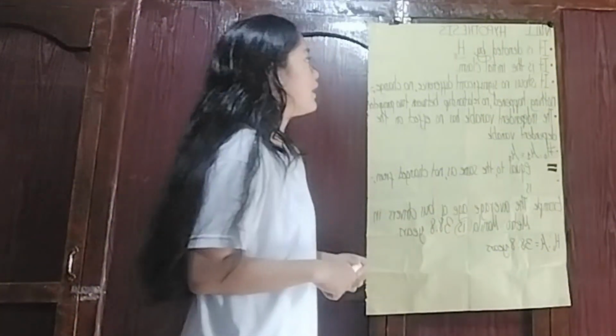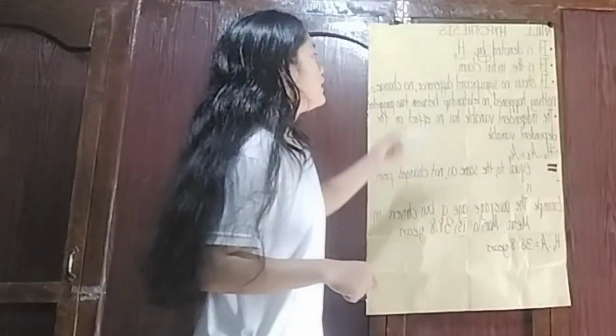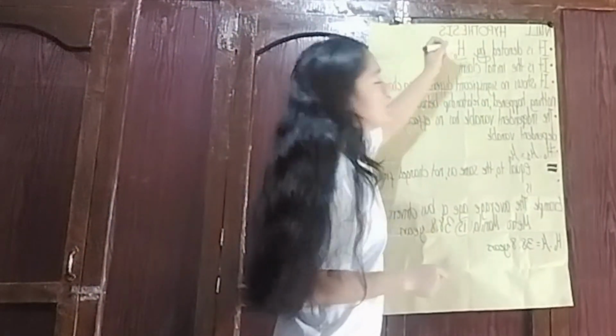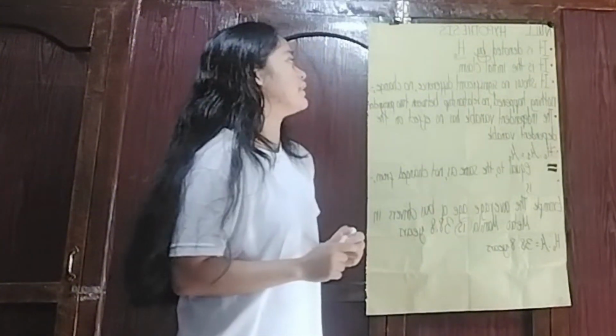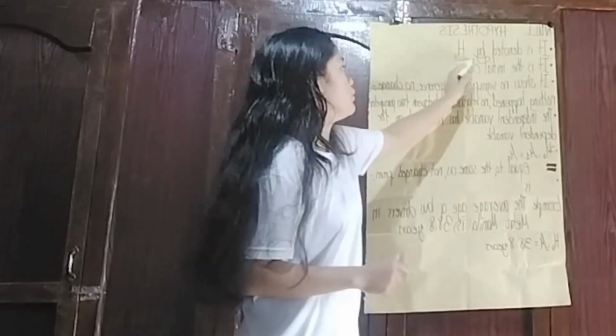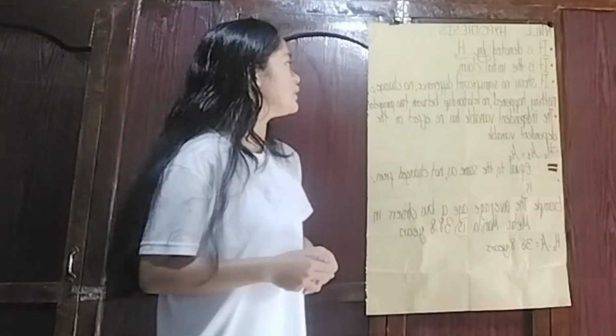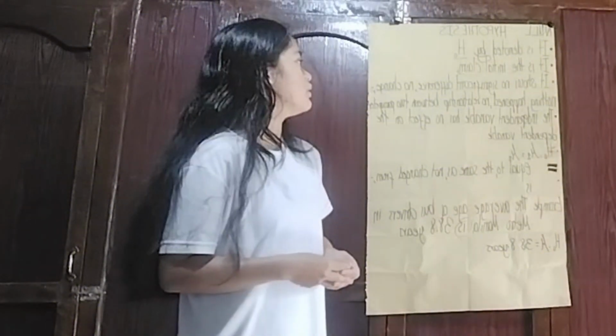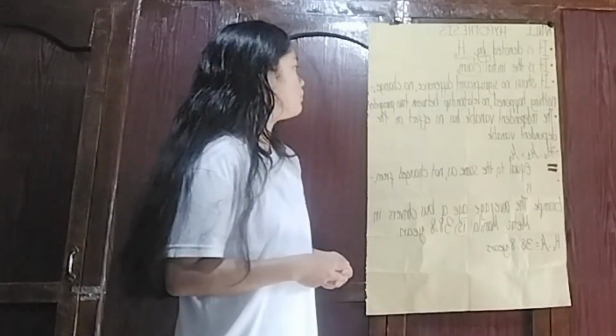The null hypothesis is denoted by a big H with a subscript 0. It is the initial claim, and it shows no significant difference, no change, nothing happened, no relationship between two variables.